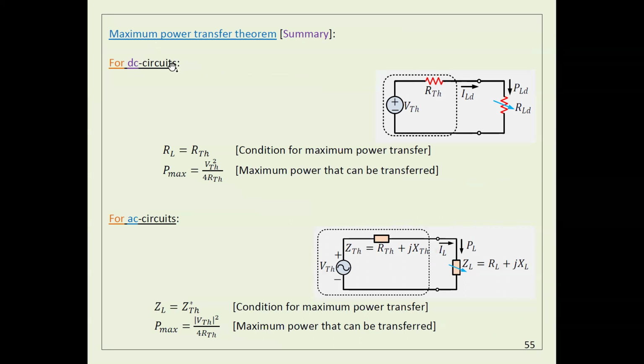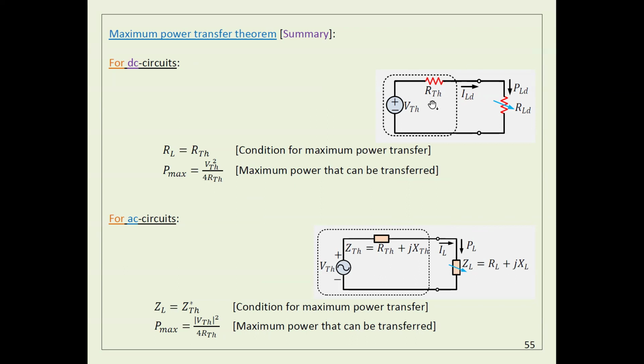For a DC circuit, if you have a circuit with a voltage source V7, a resistance R7, and then a load here, in order to maximize the power transfer from the source to the load, the value of the load should equal R7.